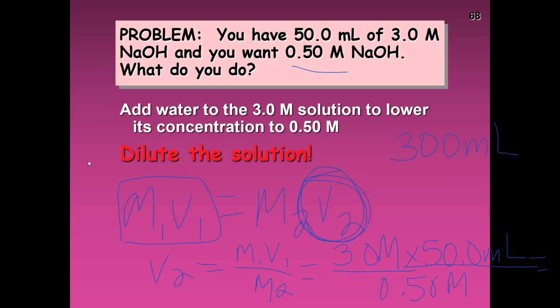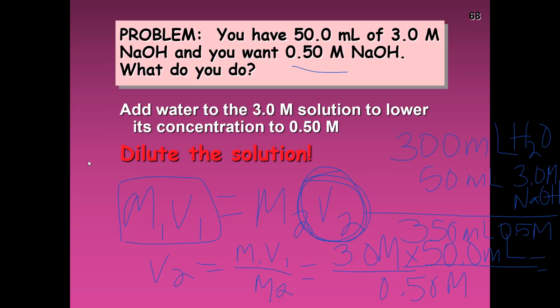It's 300 milliliters of water for 50 milliliters of that 3 molar sodium hydroxide. And it gives you the answer, which is 350 milliliters of the 0.5 molar sodium hydroxide. See? That's how you would do that.